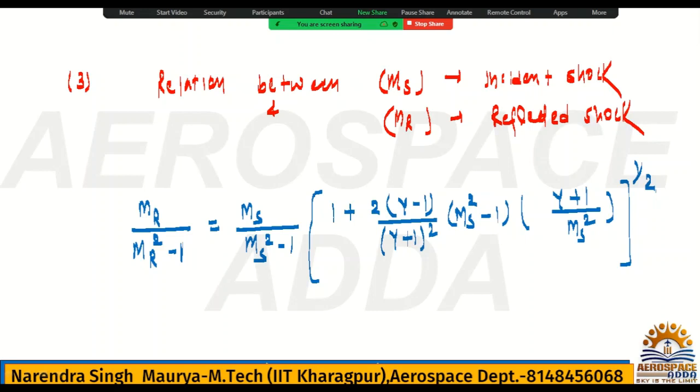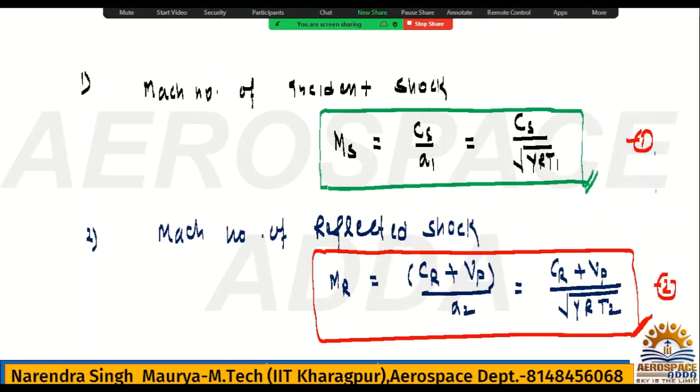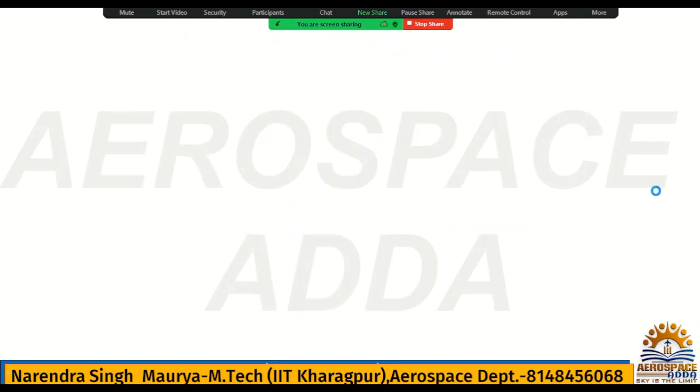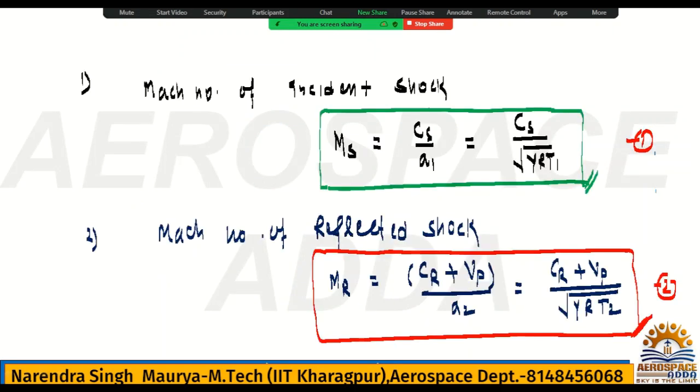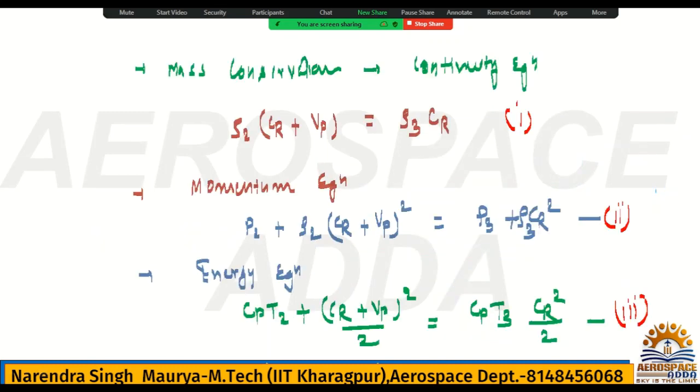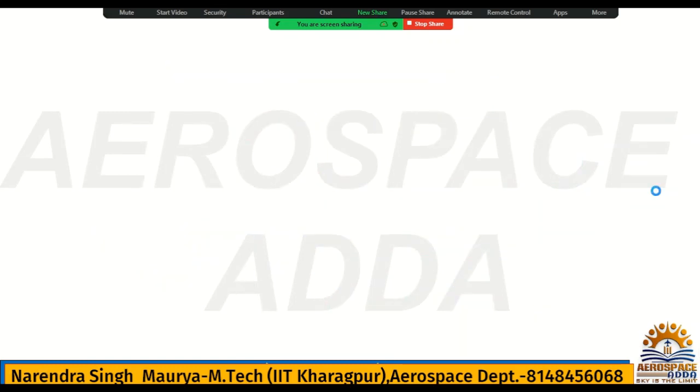As I told you, you can write it in your own way to remember this equation. How to get this? Simple, I told you these 3 equations, 1, 2, 3. You use this equation for the Vp value. You can write equations 1 and 2 for the Mr value and Ms. In Mr and Ms, Vp is unknown; this Vp you can find from this equation, and then finally you will get it.